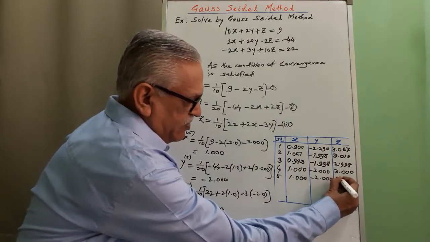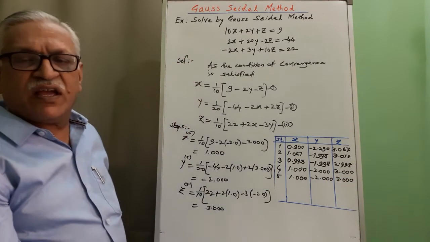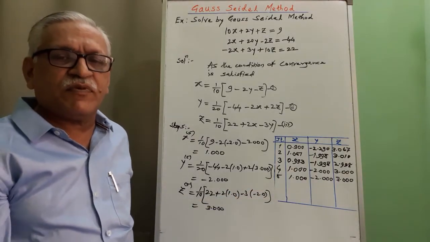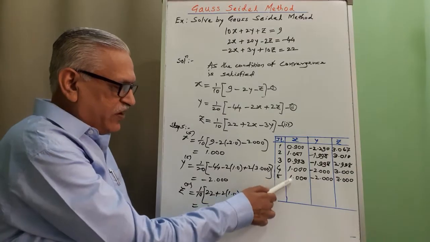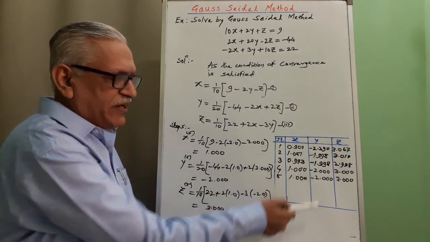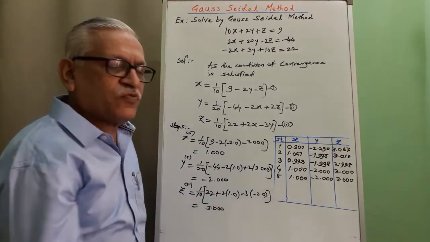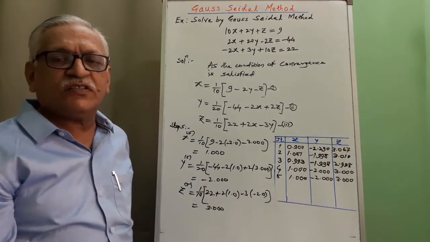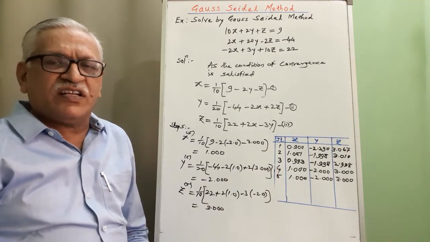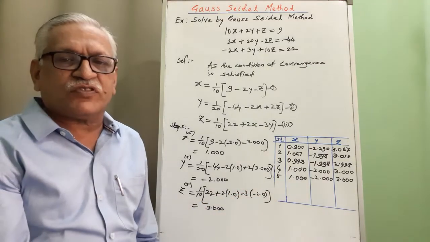If you observe the two successive values, for step number 4 and step number 5, x is 1, same values. Successive values of y are minus 2.000 and the successive values for z are 3.000. As two successive values are nearly equal or equal, we can stop the iterative procedure.